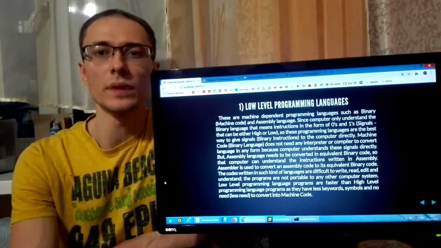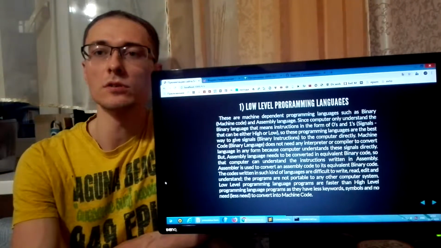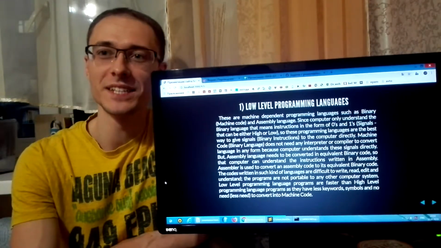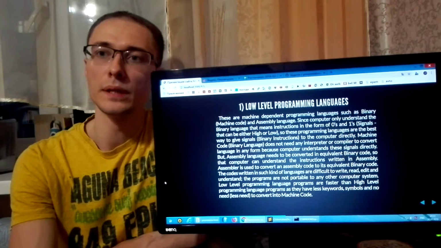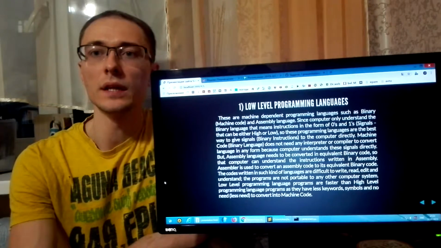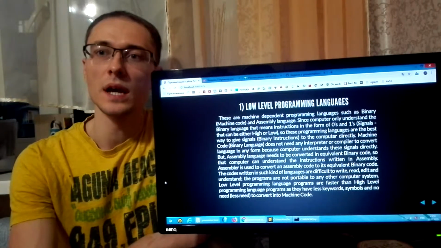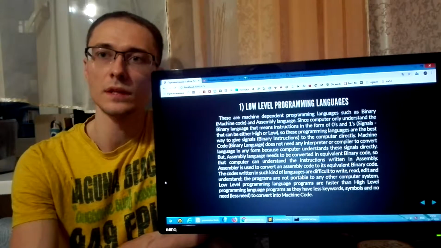Machine code, binary language, does not need any interpreter or compiler to convert the language into any form, because the computer understands these signals directly.